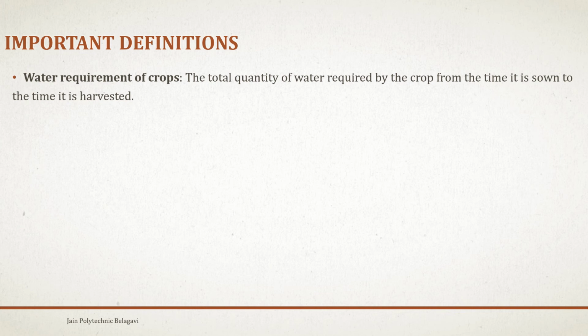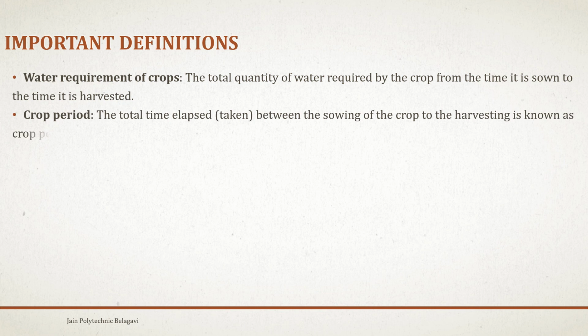It is how much water the crop is going to take from when it is sown in the soil till it is harvested. Whatever water is applied for such a duration, we call it the water requirement of the crops.